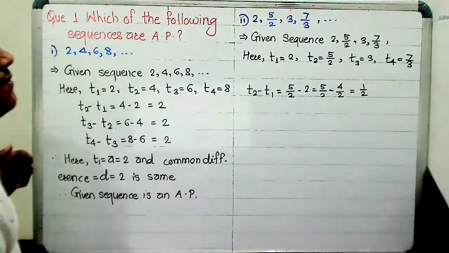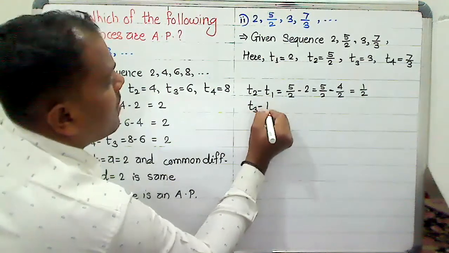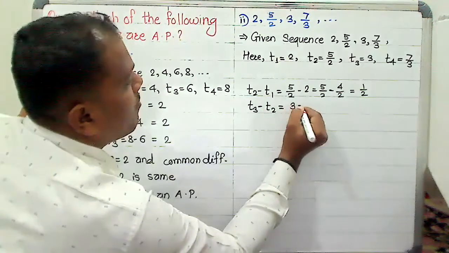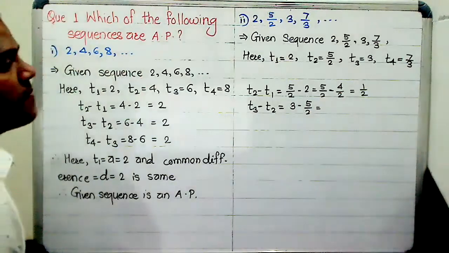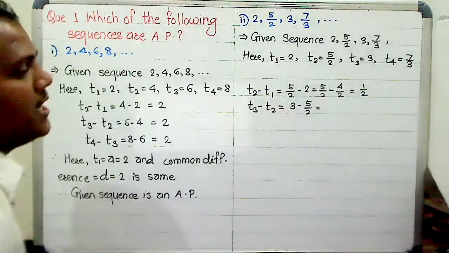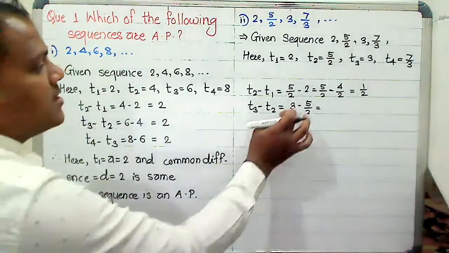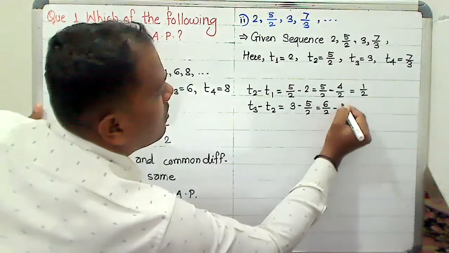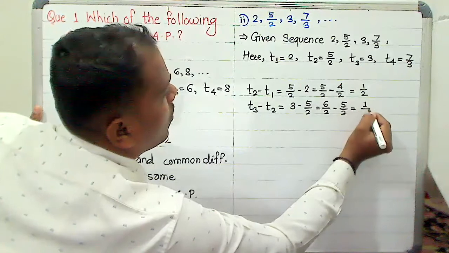The difference between the first two terms is 1 by 2. Again, T3 minus T2 is 3 minus 5 by 2. If I write this 3 with denominator 2, I can write 3 as 6 by 2, minus 5 by 2. So again, it is 1 by 2.